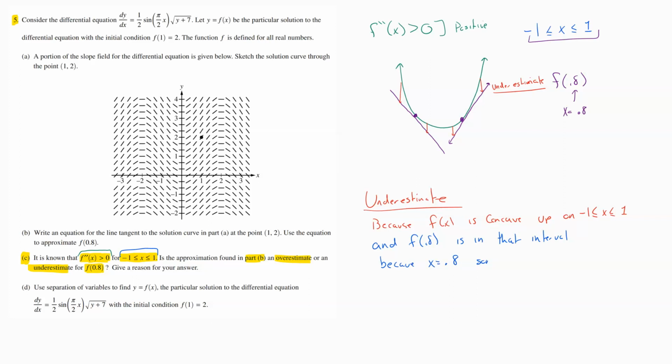So our tangent line will be an underestimate, including at 0.8.